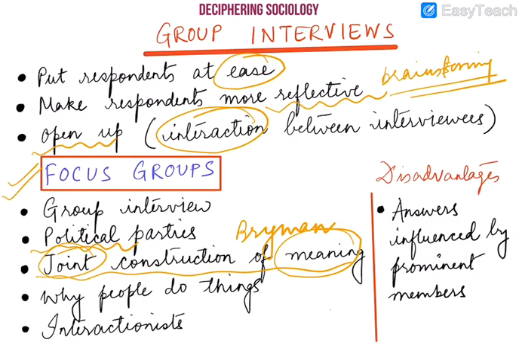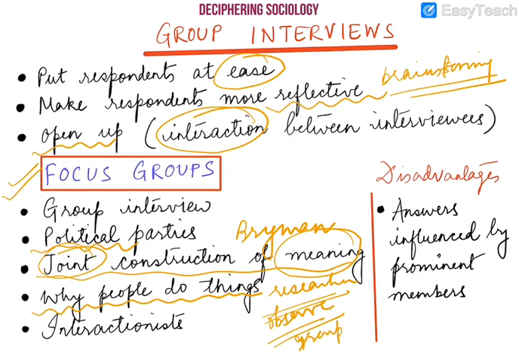In a focus group this can lead to a great probing of why people do things, and this is studied by the researcher because he or she can observe a person in a group, and it helps him to study group behavior. They are therefore favored by interactionists because they emphasize the interaction part rather than one-to-one interviews.